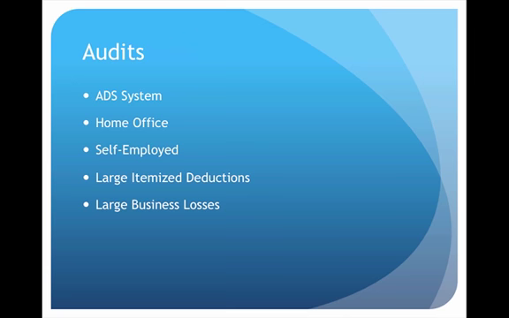So since it is impossible to audit everyone, they have to have a system. And what they have is a system called the ADS system, which stands for Audit Discriminant System. And this is a computer system where they can program certain variables and have it randomly select either an individual or a business for an audit.